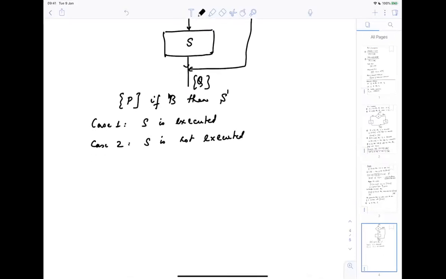So basically, for case 1, we must have P and B to be true for S to be executed.